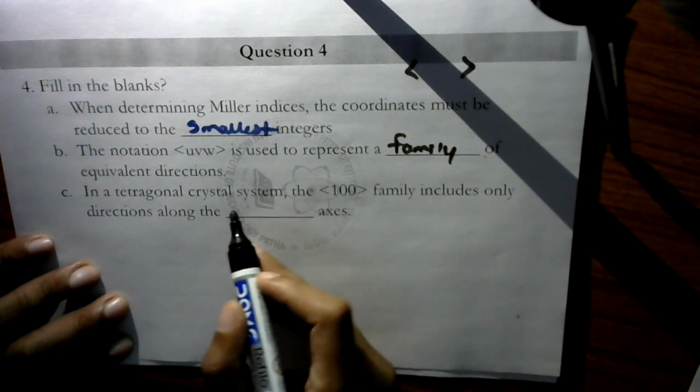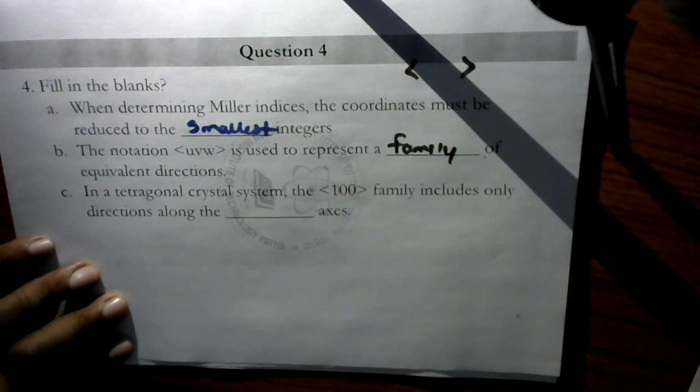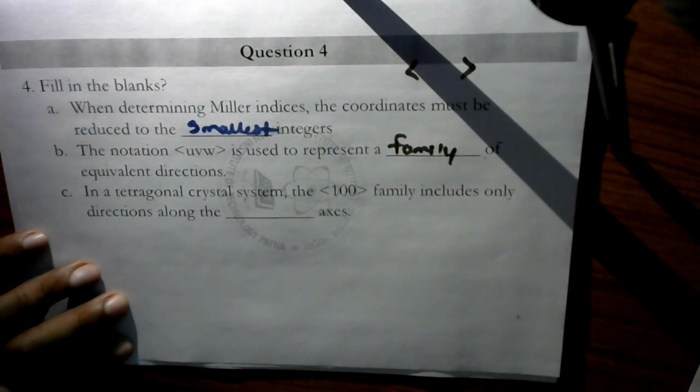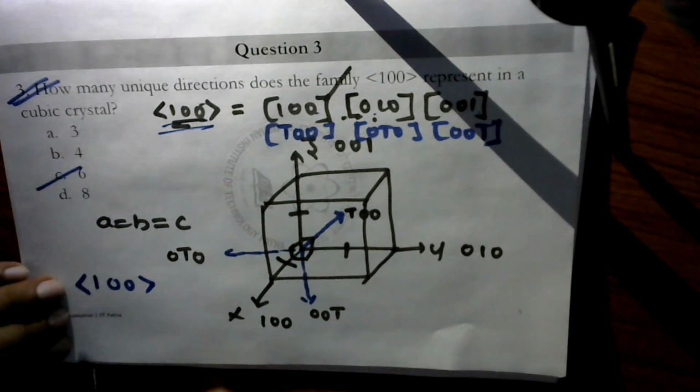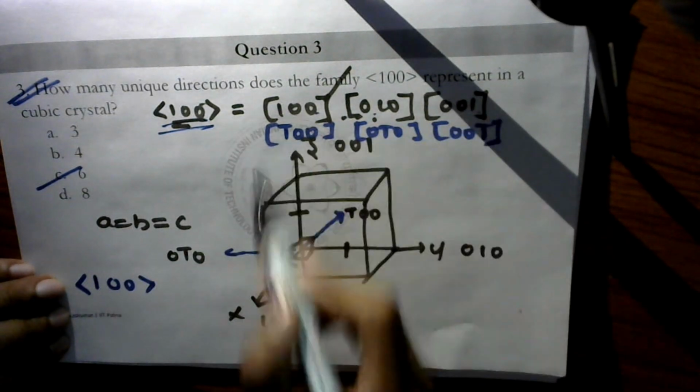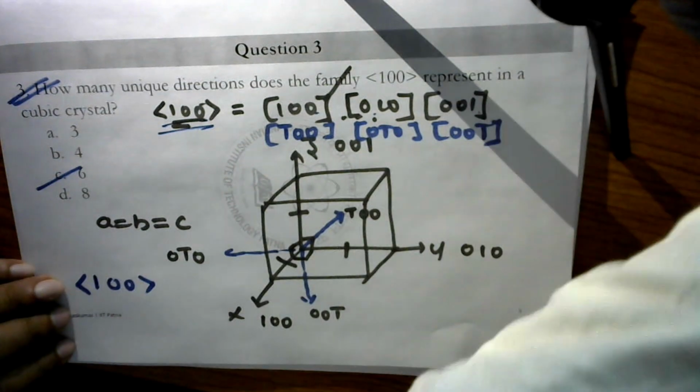In the tetragonal system, how many directions does this 100 family include along that axis? So now the time has come for us. Here we saw that for the cubic, all these 100 directions were equivalent with each other, and so we wrote it. Now for the tetragonal, let's discuss. Let me draw one tetragonal unit cell first.